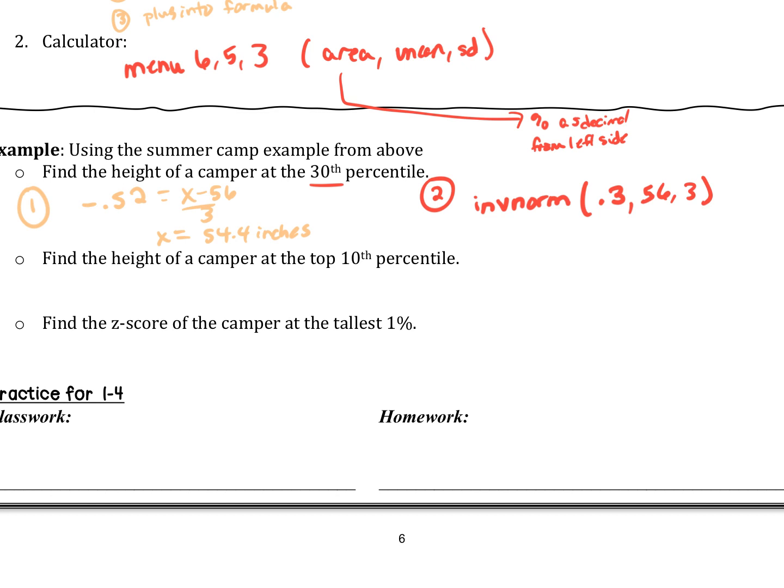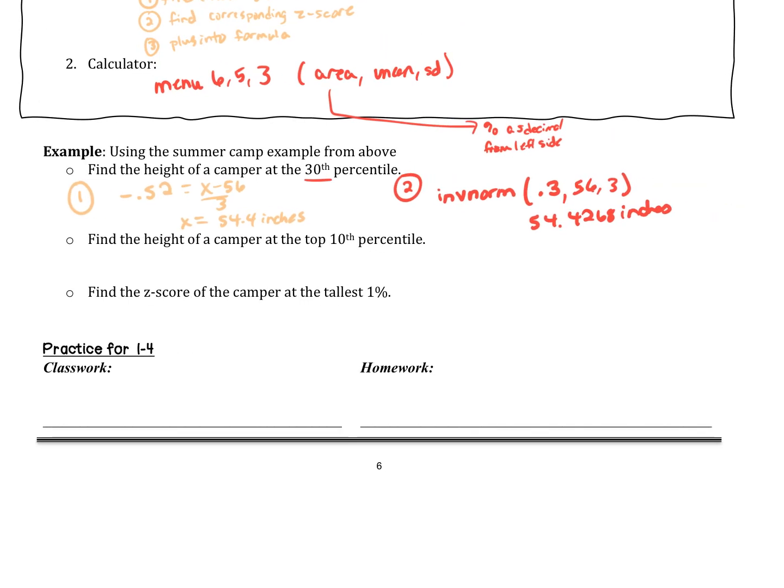Come on, Ireland. Oh my goodness. Okay, and what did you get for that? You get 54.4268 inches for that one, right? Okay.